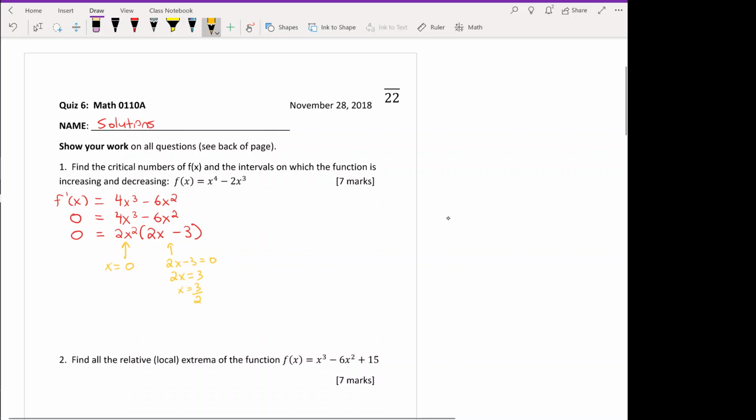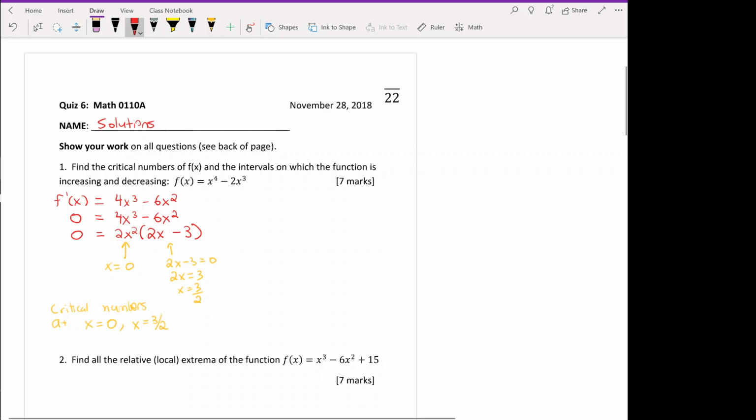So those are our critical numbers, at x is equal to 0, and x is equal to 3 over 2.